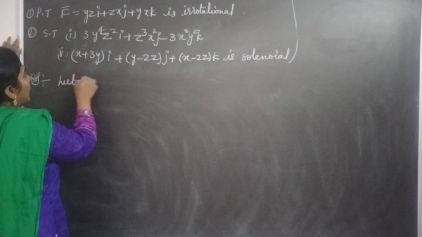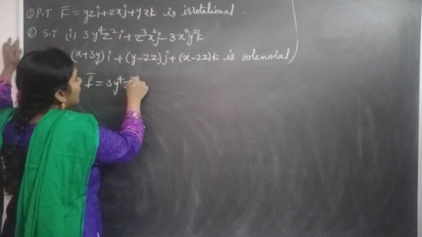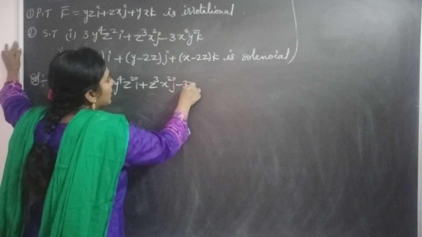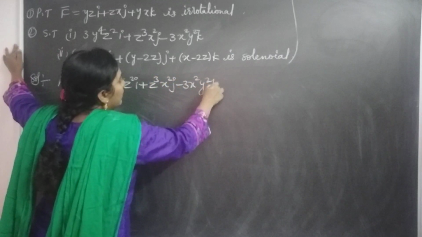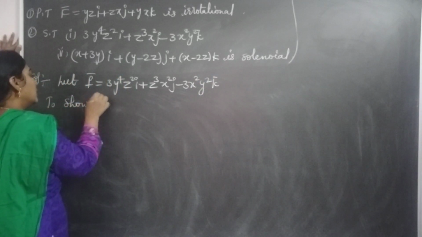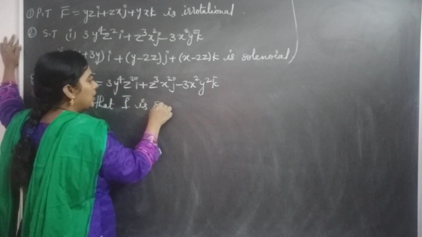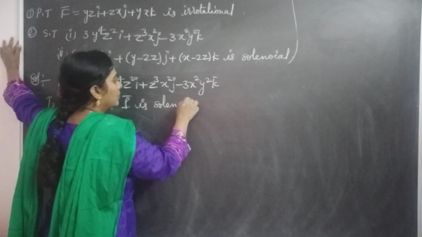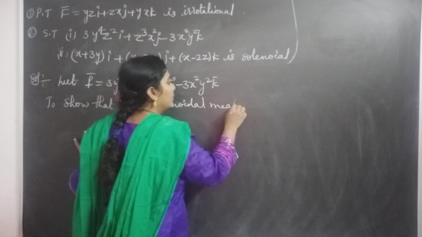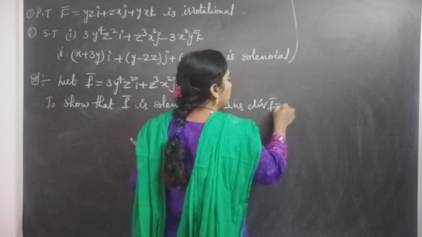Let F vector is equal to 3y power 4 z square i plus z cube x square j minus 3x square y square k. To show that F vector is solenoidal means div F vector is equal to 0.